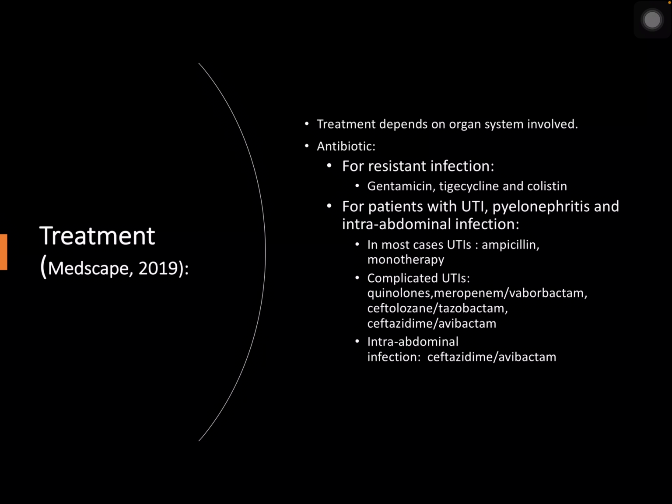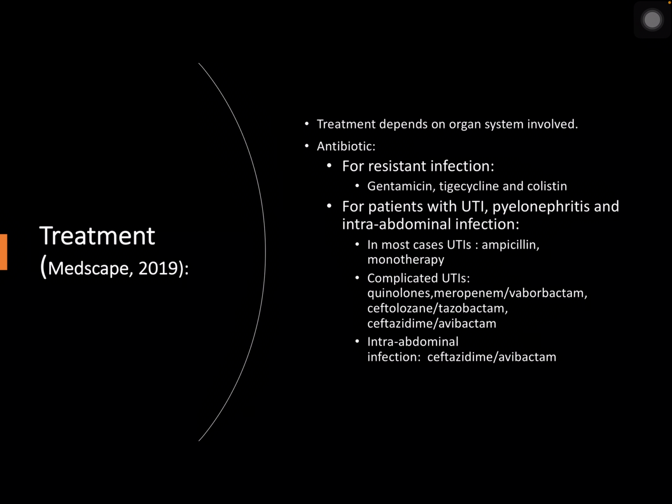And for patients with UTI, for most cases of the UTI, the patient can use ampicillin for monotherapy. And for complicated UTI, the patient could consider using quinolone, meropenem-vaborbactam, ceftolozane-tazobactam, or ceftazidime and avibactam.